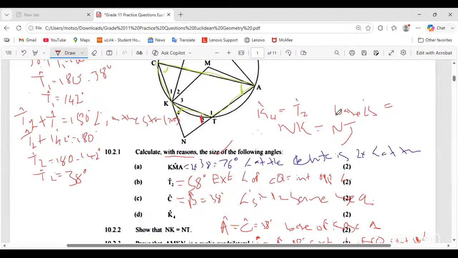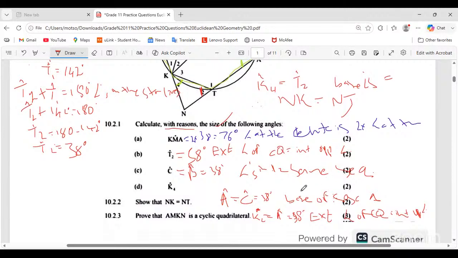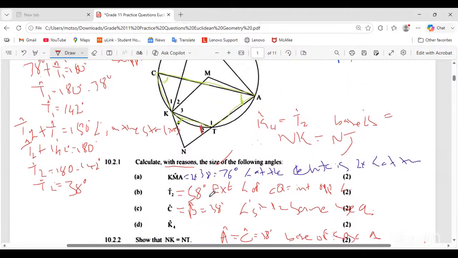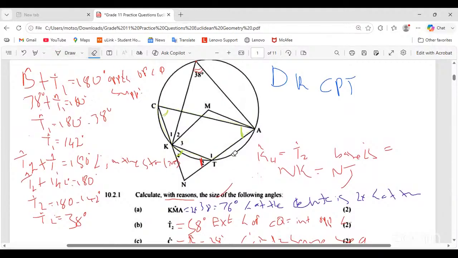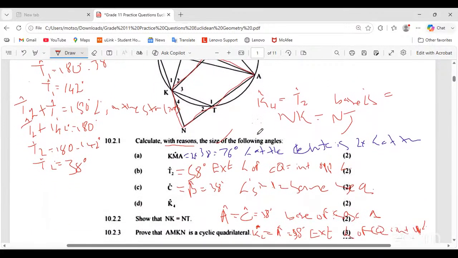Now let's go to the next one, which is the last one of this lesson. Now we are required to prove that quadrilateral AMKN, this one, is a cyclic quad. How are we going to prove that?